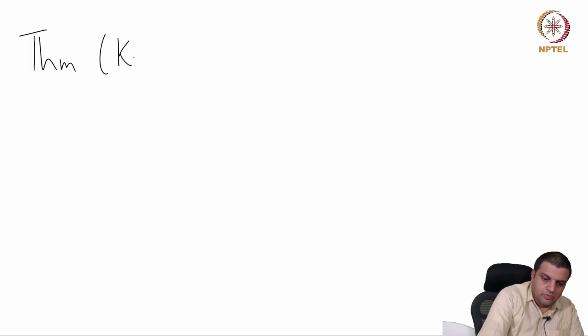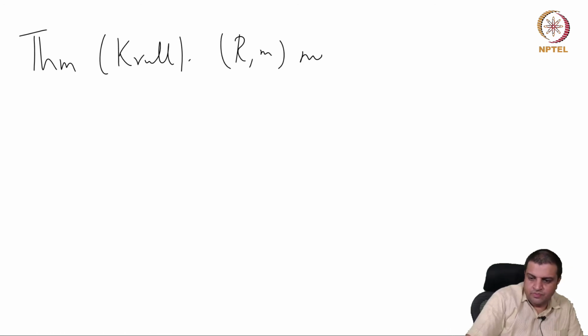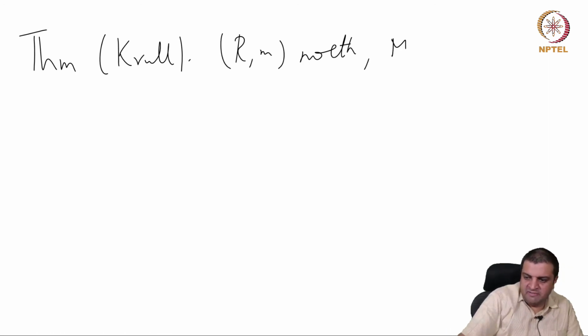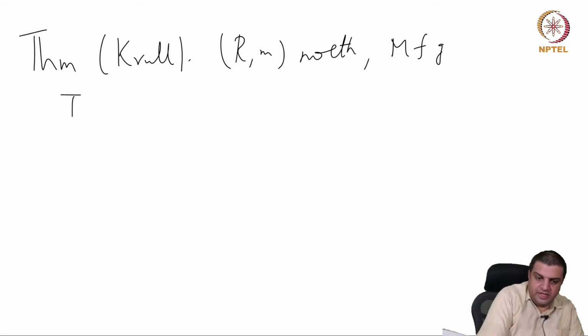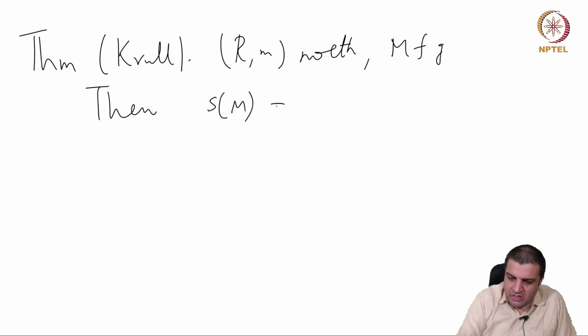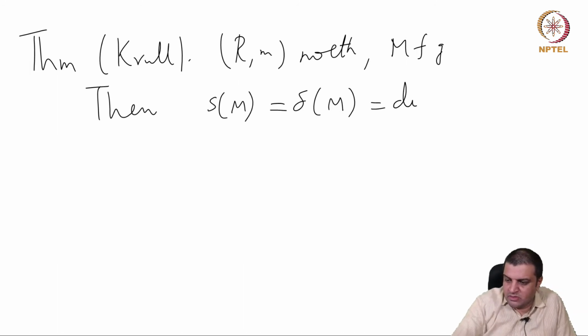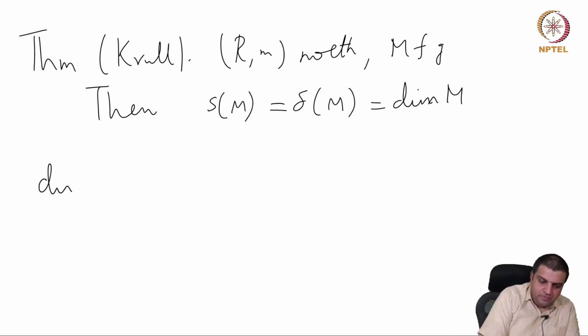This is Krull. R, m Noetherian, M finitely generated. Then s(M), which is the length of a system of parameters on M, is equal to delta(M), which is the degree of the Hilbert-Samuel polynomial P_I,M for any m-primary ideal I, and equals the Krull dimension of M. And what is dim M?